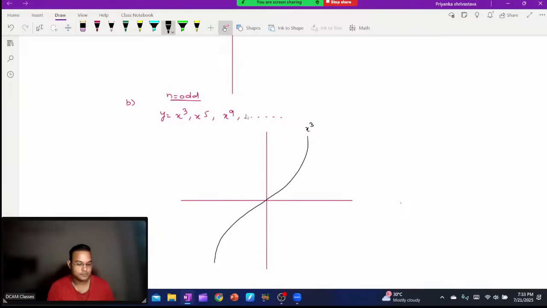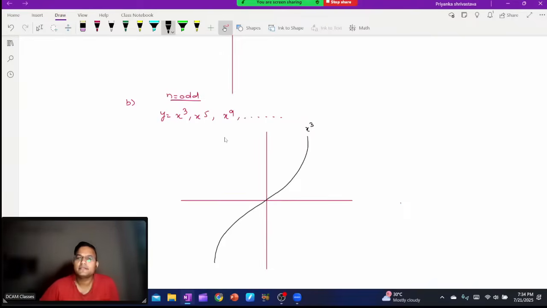In the first quadrant, it would go away from the y-axis, because the value keeps increasing further.